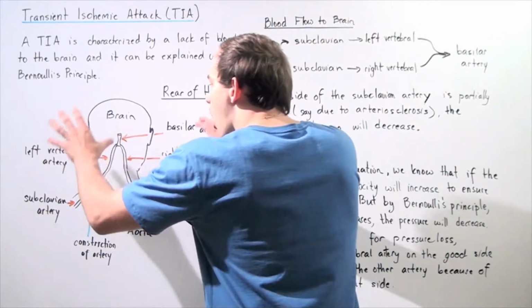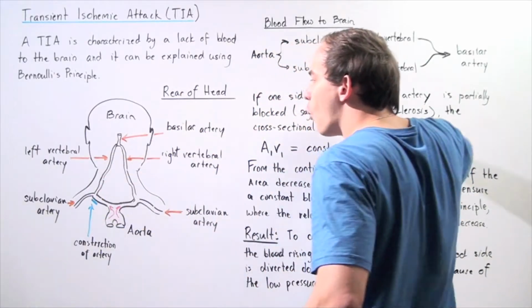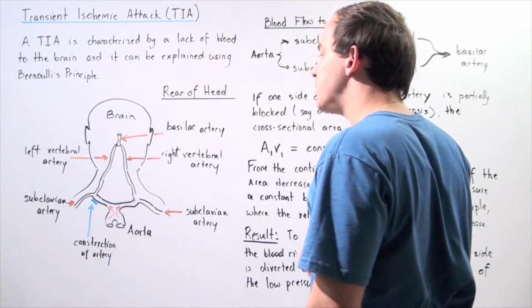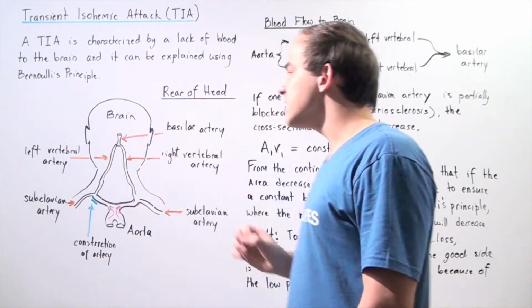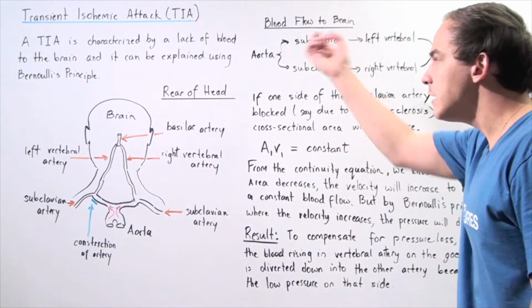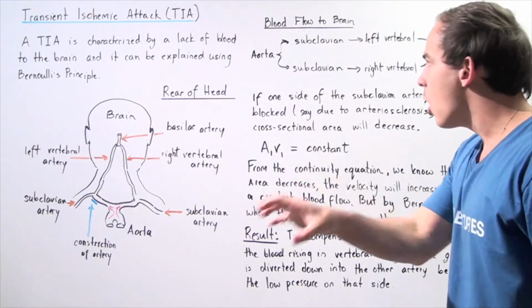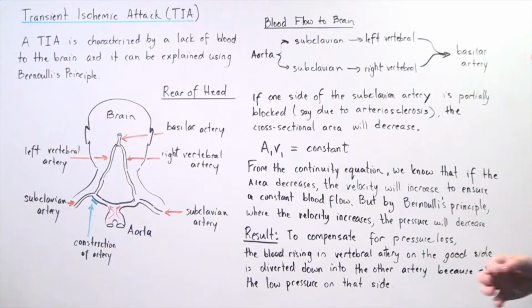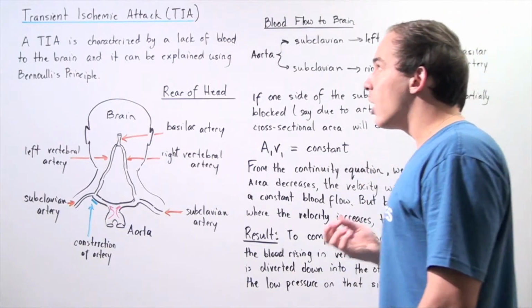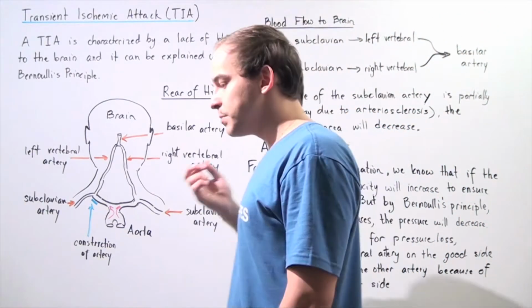Now, these two arteries then connect to form the basilar artery, which takes the blood into the brain. So once again, the pathway of the blood flow to the brain from the heart is shown by the following diagram.